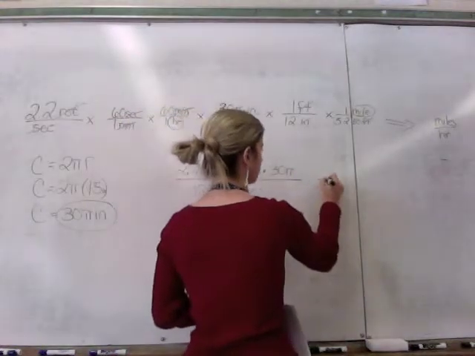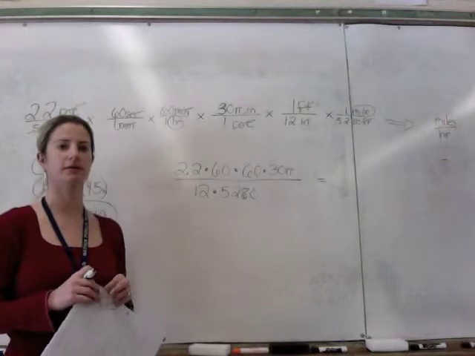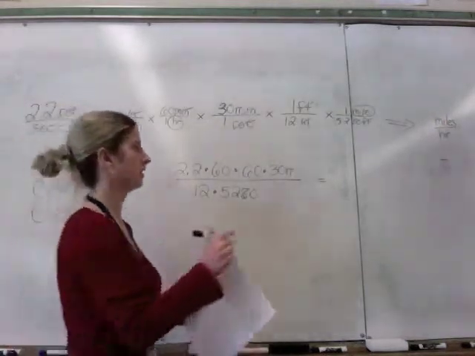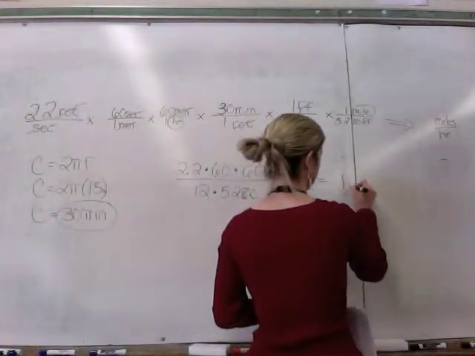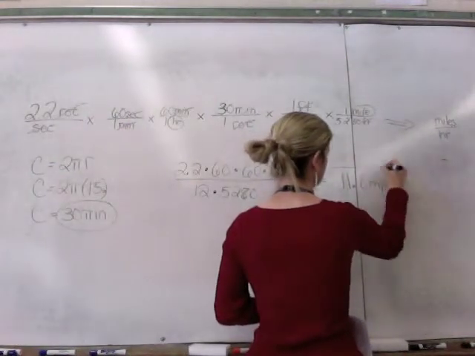And this gives us what? When you multiply that and divide, what do you get? Did anybody actually do it? 11.8. So you end up with 11.8 miles per hour.